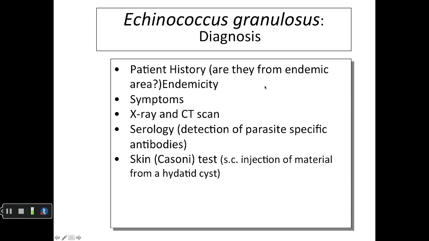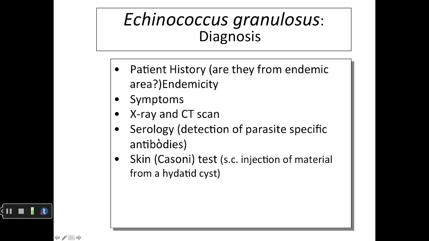So how is this infection diagnosed? Again, remember the humans are carrying the hydatid cyst. So if an individual came in and had reports of various symptoms, you would ask if they're from endemic areas, for instance, where sheep are raised and where this parasite is more endemic.